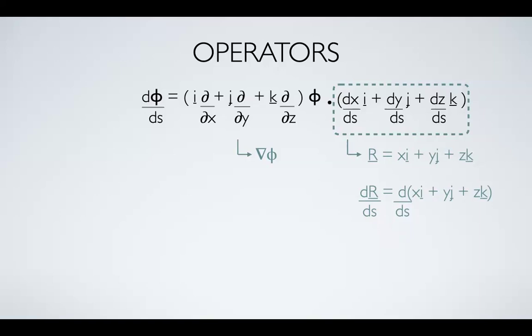So now we can rewrite this equation and make it short, saying that d phi by ds is actually equal to del phi dot dr by ds. That's it, okay?